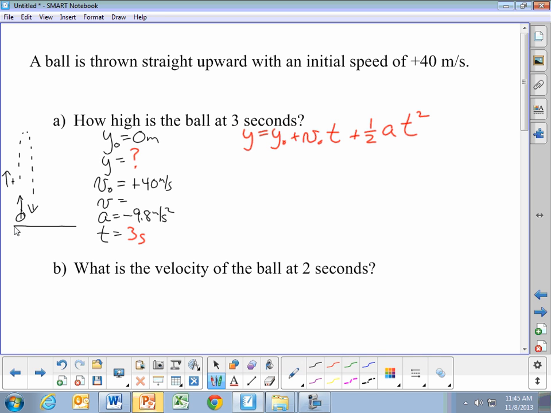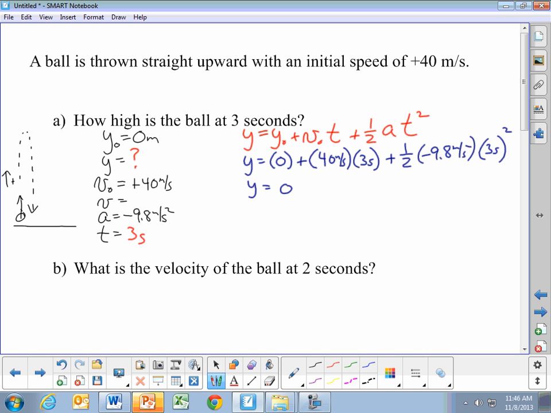So looking at the values, y equals the initial height of 0, plus the initial velocity of 40 meters per second times 3 seconds, plus 1/2 times negative 9.8 meters per second squared times 3 seconds, that quantity squared.